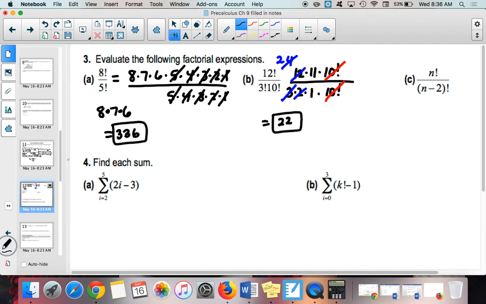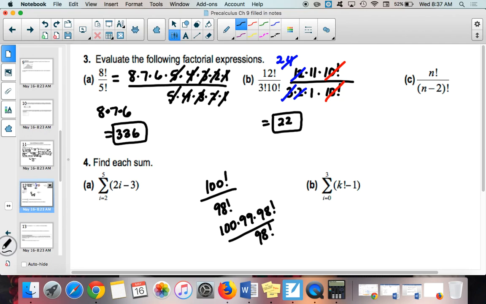If n was 100, this would be 100 factorial over what? 98 factorial, right? What would happen there? We'd get the first number, 100. We'd get the second number, 99. But then the 98 factorial goes away with the 98 factorial. Does that make sense? Does that always happen?